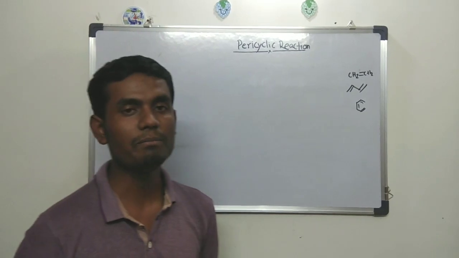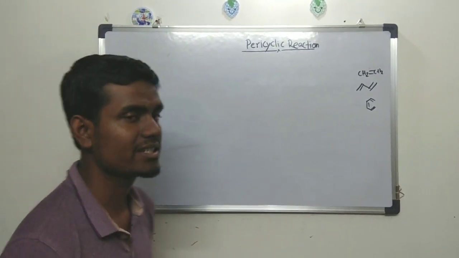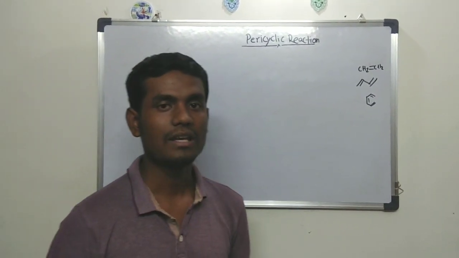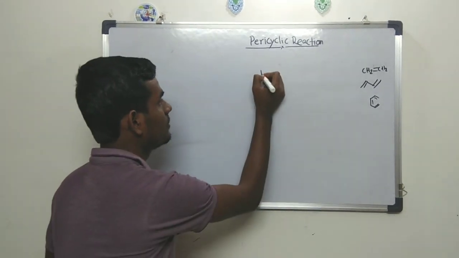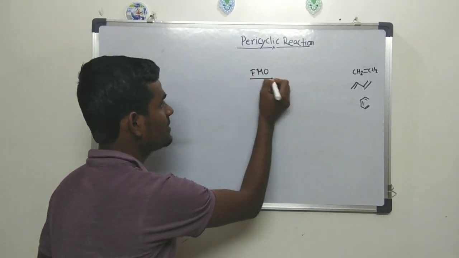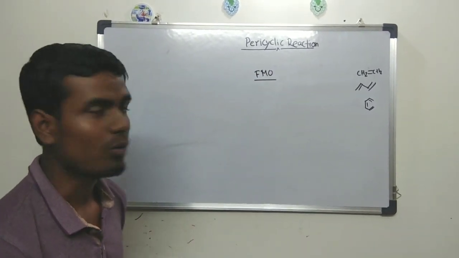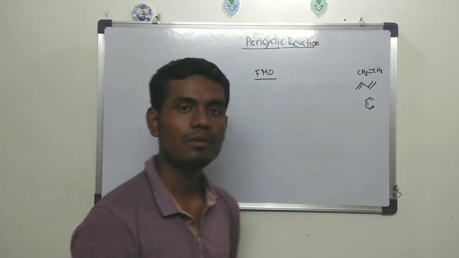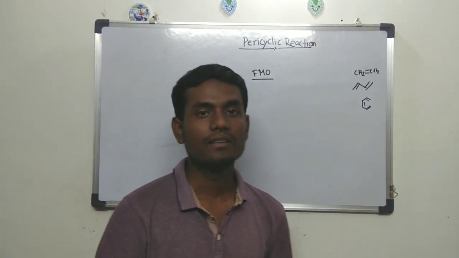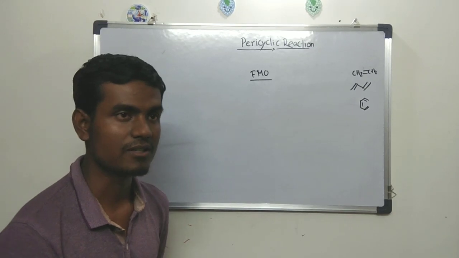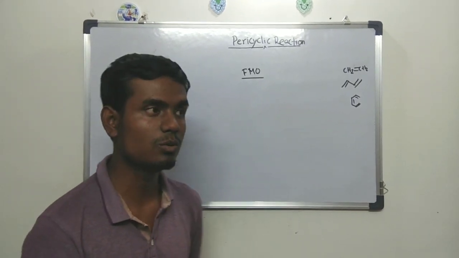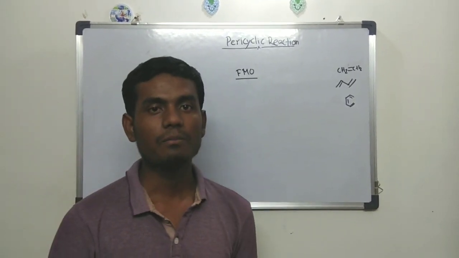There are a number of methods by which pericyclic reaction can be explained, and one of them is the frontier molecular orbital method, known as the FMO method. Another concept you have to know is the Huckel-Mobius system. It is very interesting, and I would like to share it with you in my next videos.